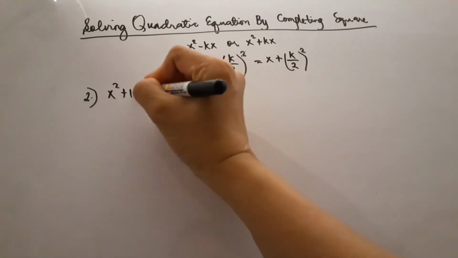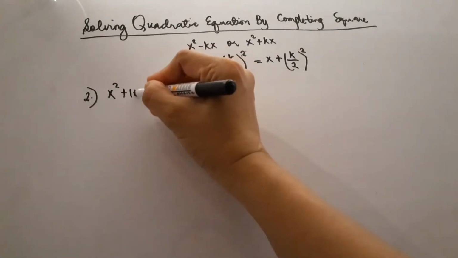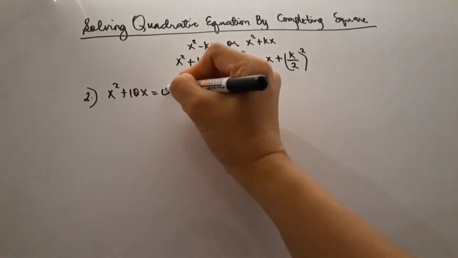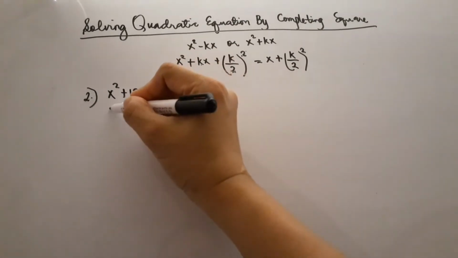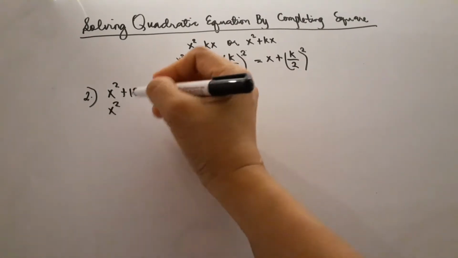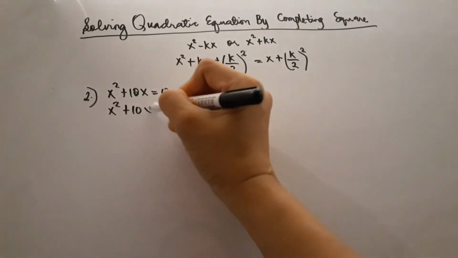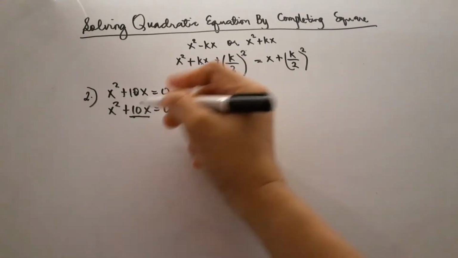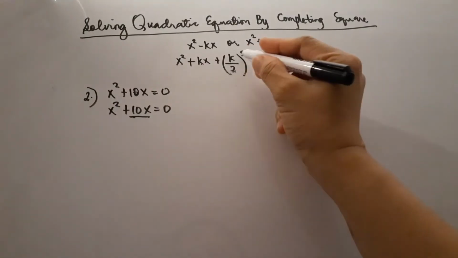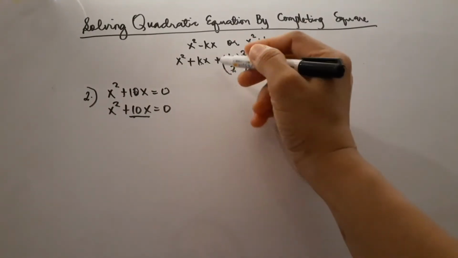We have x squared positive 10x is equal to 0. To complete the square, we use half of this 10.